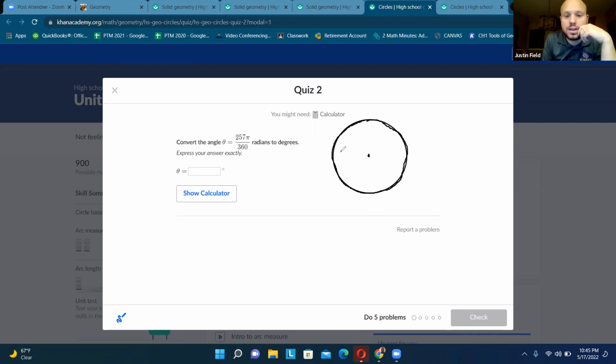Radians take into account that we can measure this circle as a fraction of pi. All the way around a circle is 2 pi, and halfway around the circle is 1 pi.